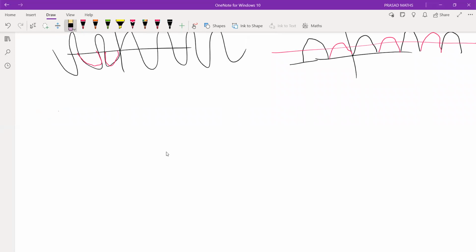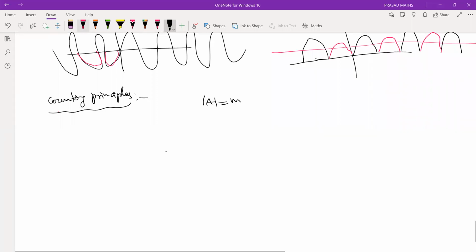Now we need to go for counting principles. Suppose the cardinality of A is m. Whenever you want to define a bijection, the cardinality should be the same. Just keep in mind, I already told you.